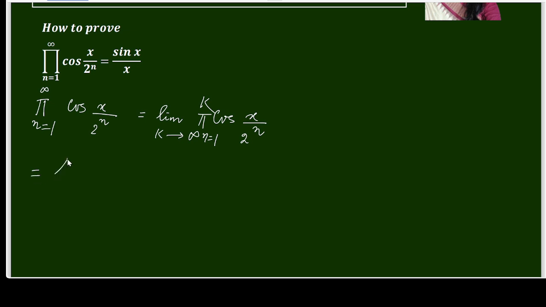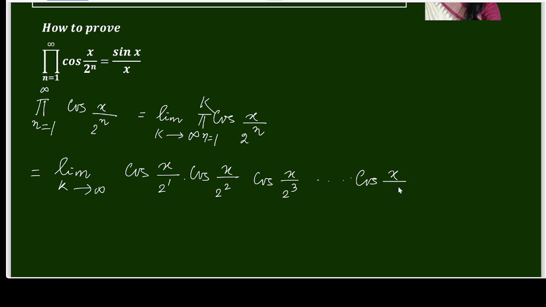So it means that, tending k to infinity, we can write this as cos x over 2 power 1, cos x over 2 power 2, cos x over 2 power 3, and so on up to cos x over 2 power k.